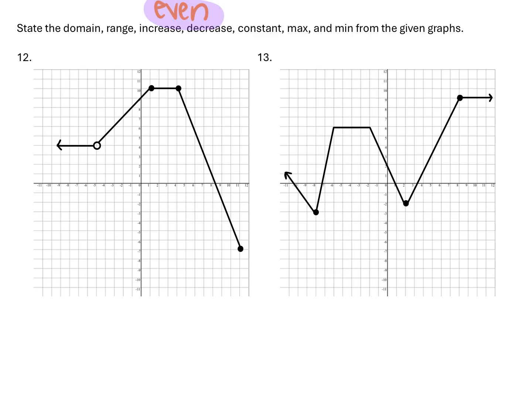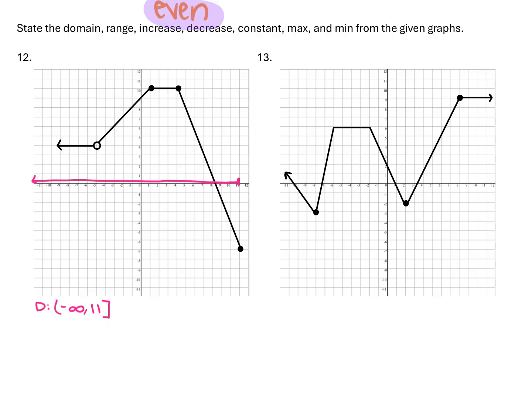So if we look at number 12, your domain, you're going from negative infinity up to 11, and you stop for those x values that are being covered. So that means your domain is from negative infinity to 11 with the bracket on the 11 because there's a closed circle on that 11.